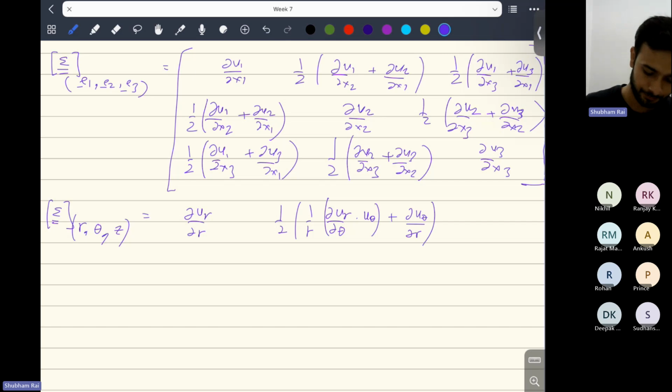And the third term will be half of del u r by del z plus del u z by del r. And then this will be symmetric, so it is similar to the term written in the first row and second column. Actually, there is a mistake.